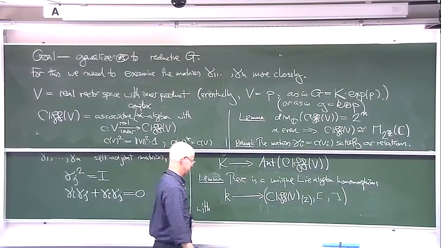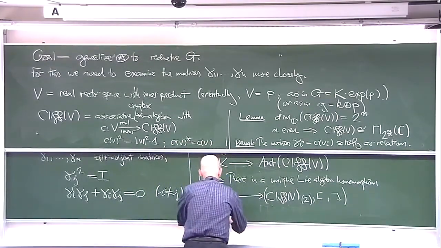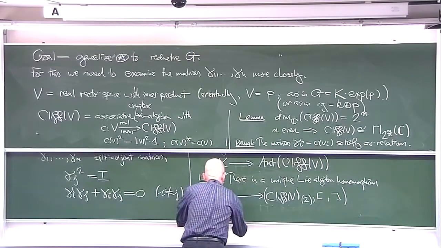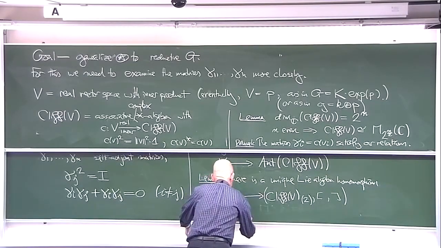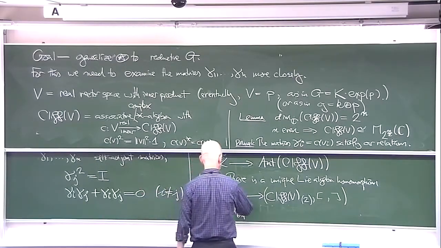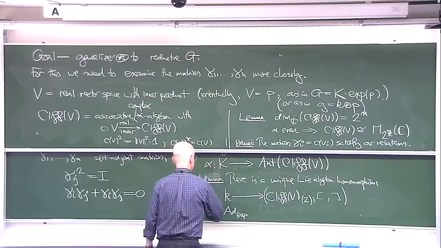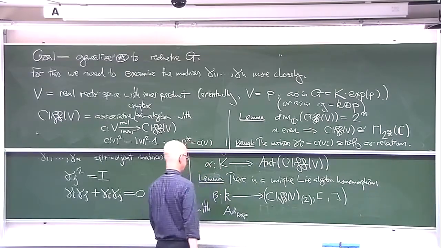So how could that work? Well, there are lots of ways of saying it. You could conjugate by the exponential. So let's give this map a name. I usually call it gamma, but that's no good. Let's call it alpha. Let's call this beta, something like that.